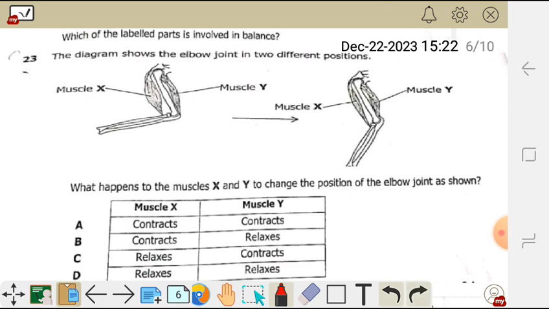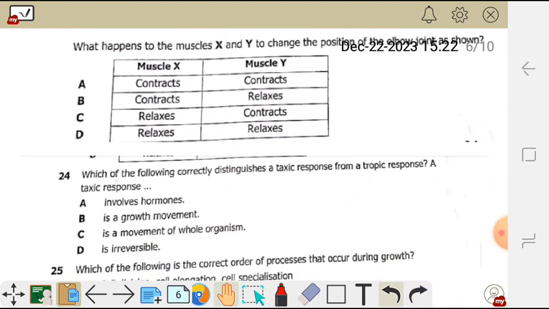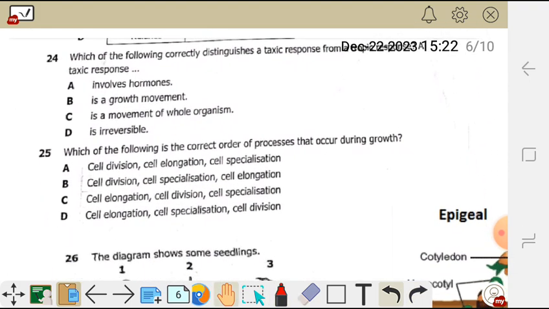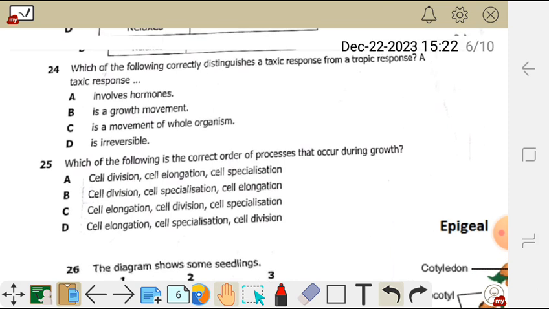We move on to question 24. Which of the following correctly distinguishes a taxic response from a tropic response?